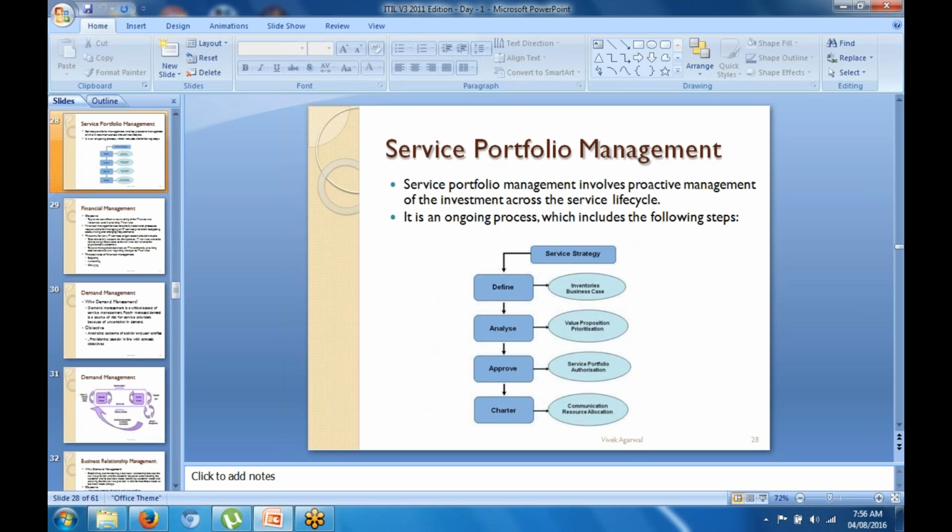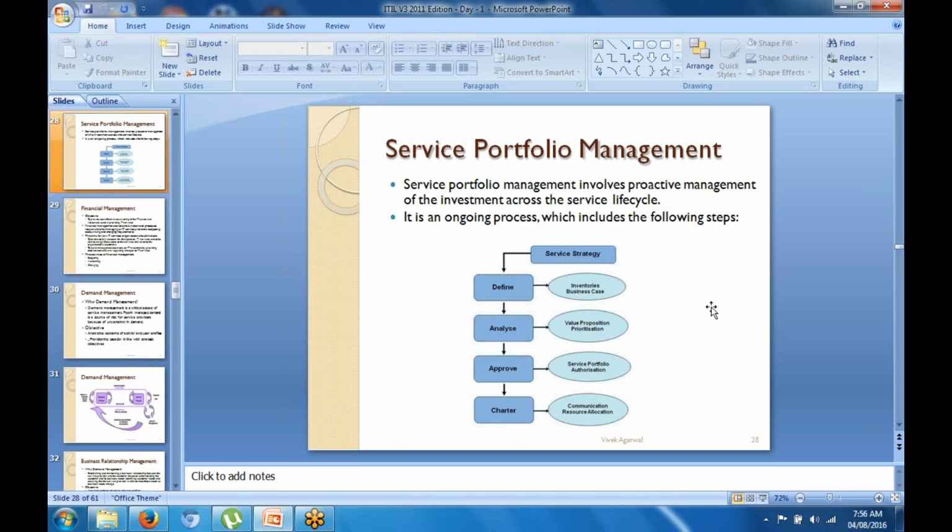Service portfolio management involves proactive management of the investment across the service life cycle. It is an ongoing process which includes the following steps. Under service portfolio management, that is service strategy, we will define what we have: inventories, business case. We have to analyze those: value proposition, prioritization.